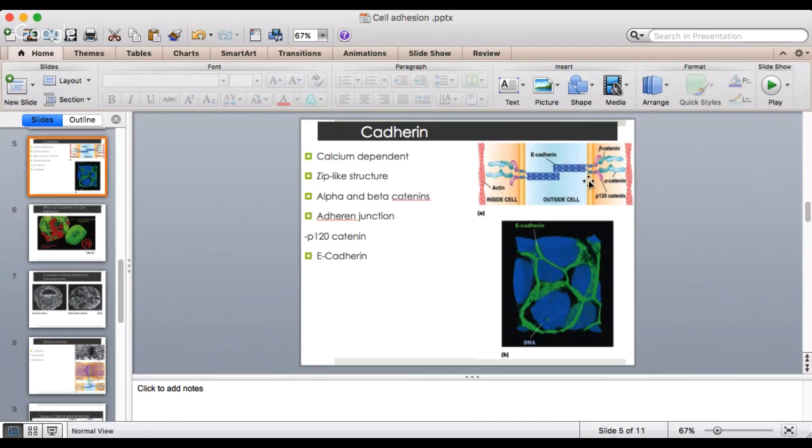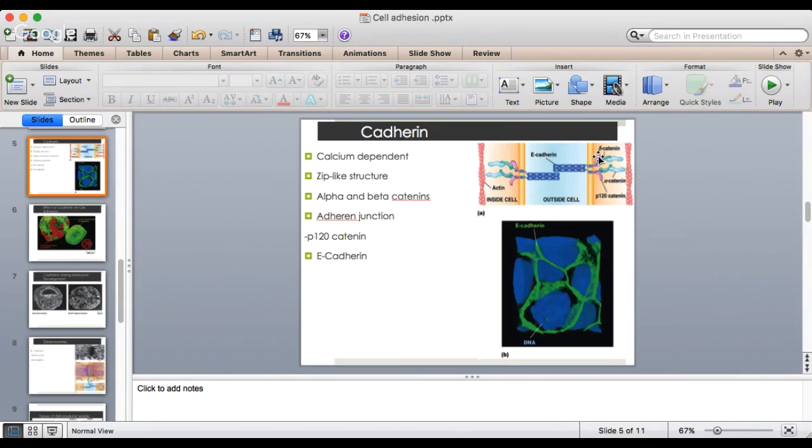You can also see that the beta-catenin binds to the tail of the cadherin, and the alpha-catenin binds to the beta-catenin.